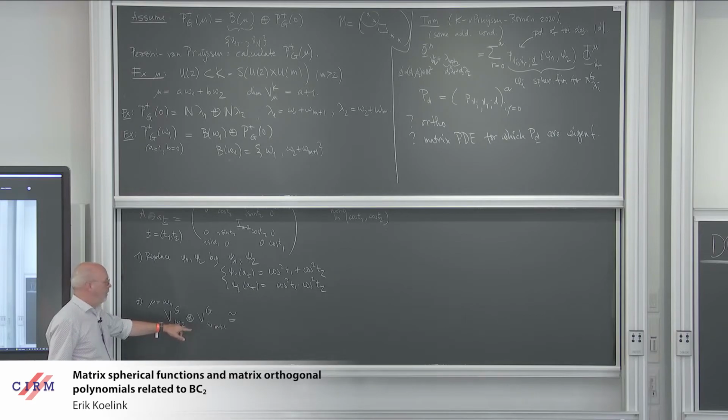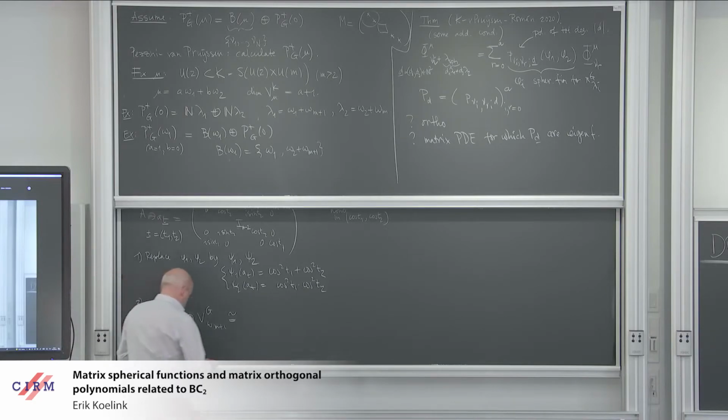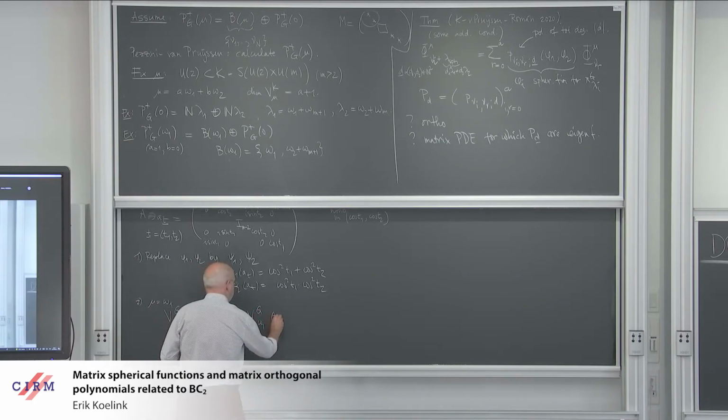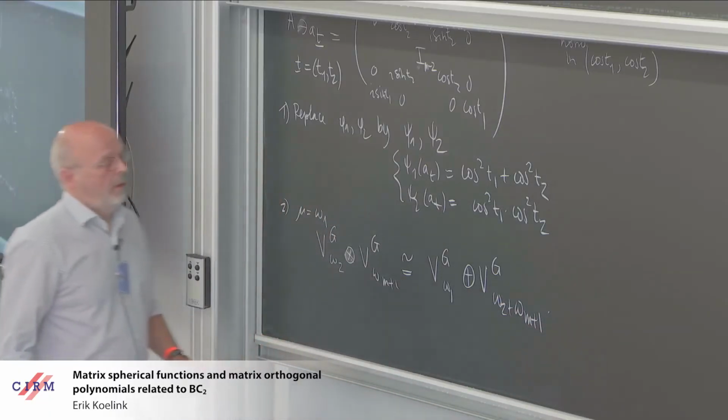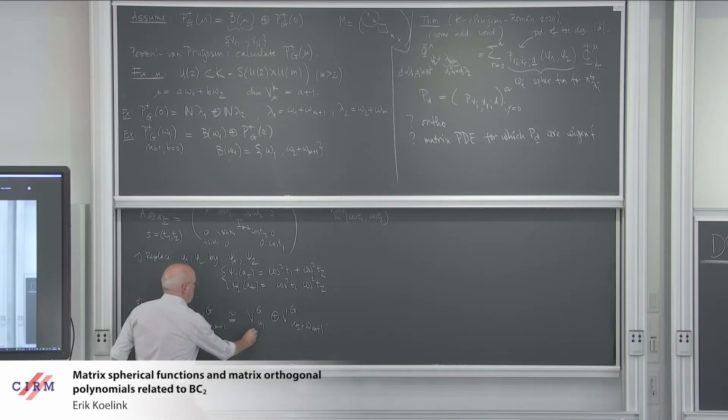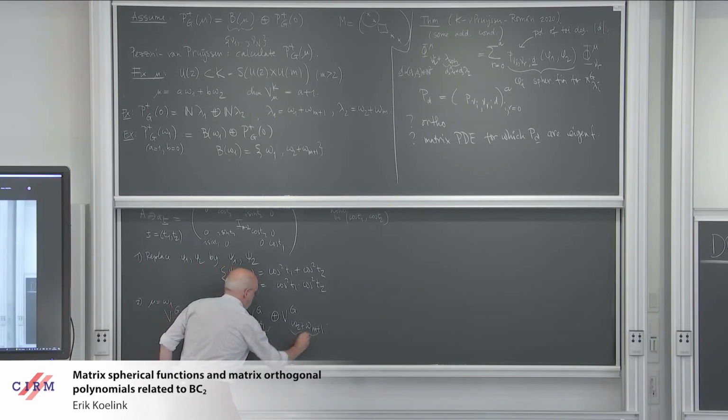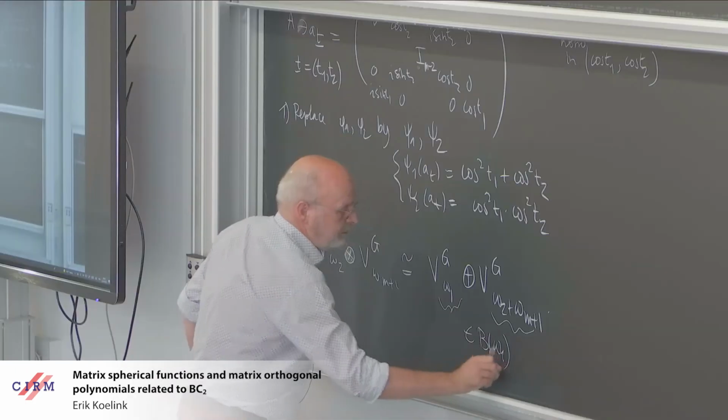It's easy to give some explicit abstract tensor product decompositions. And if you plug them in for this case, of course, I don't know them by heart, but you get this one. And lo and behold, these two exactly give the B for omega 1.